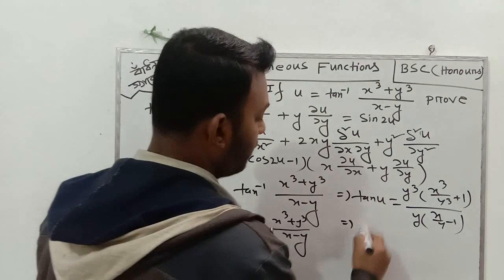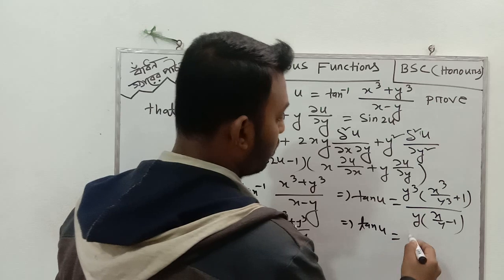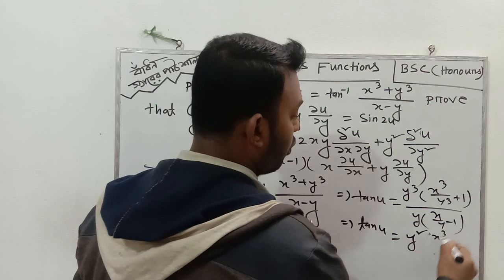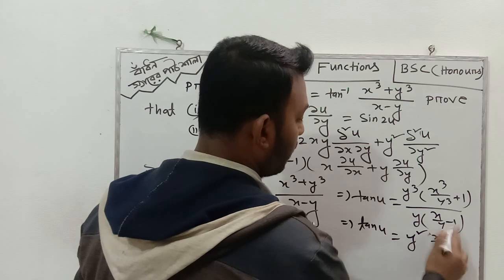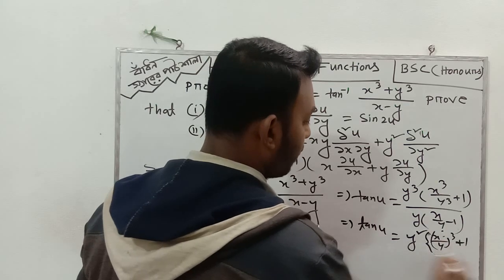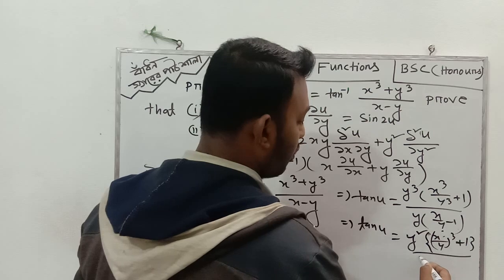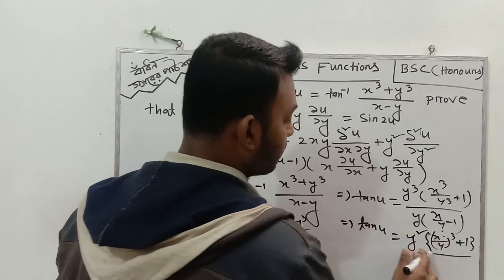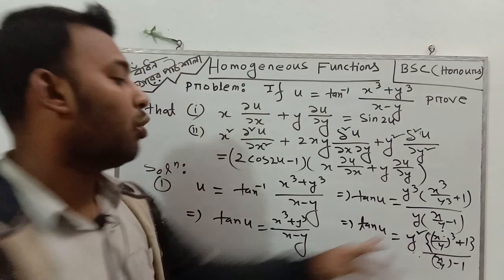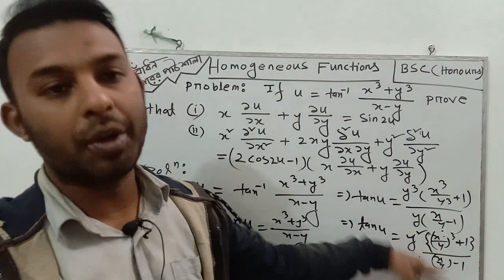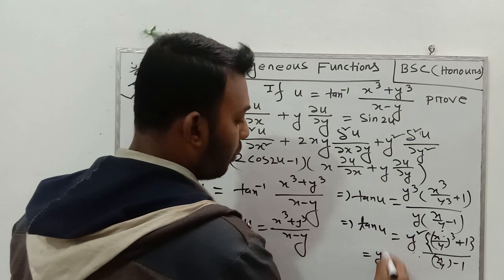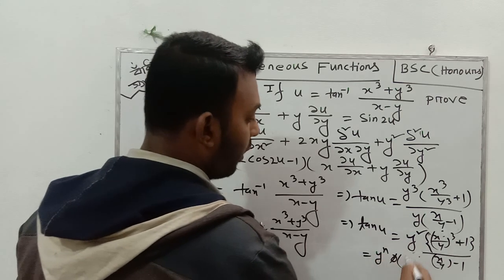So we can write tan u is equal to y square times x by y whole cube plus 1 divided by x by y minus 1. So this is y power n phi of x by y.